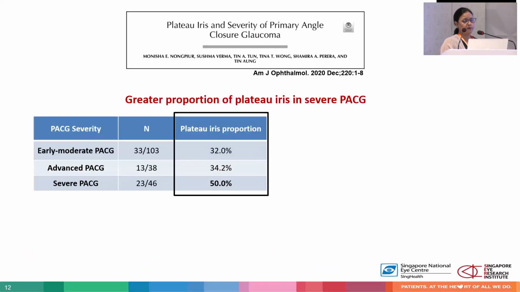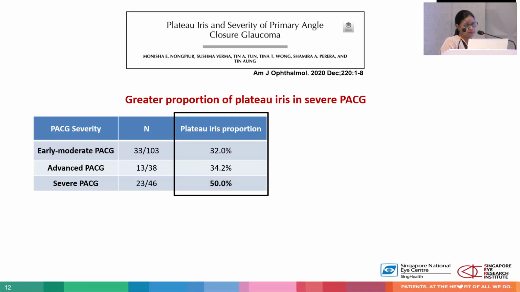And this was a paper where we looked at not just the overall prevalence or proportion of plateau iris in angle closure, but across different disease severity. And we found that there was a significantly greater proportion of plateau iris in patients with severe PACG compared to the early moderate PACG.